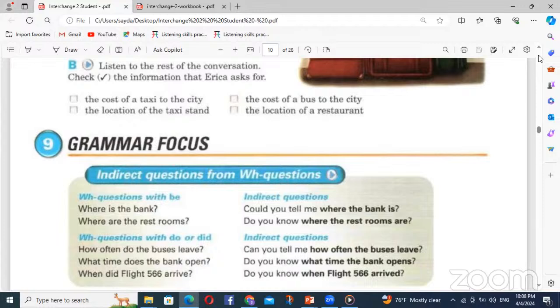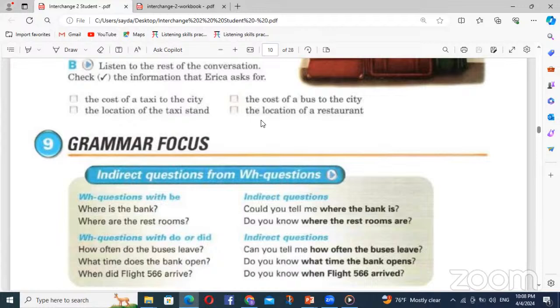WH questions with do or did. How often do the buses leave? What time does the bank open? When did Flight 566 arrive? Indirect questions. Can you tell me how often the buses leave? Do you know what time the bank opens? Do you know when flight 566 arrived?